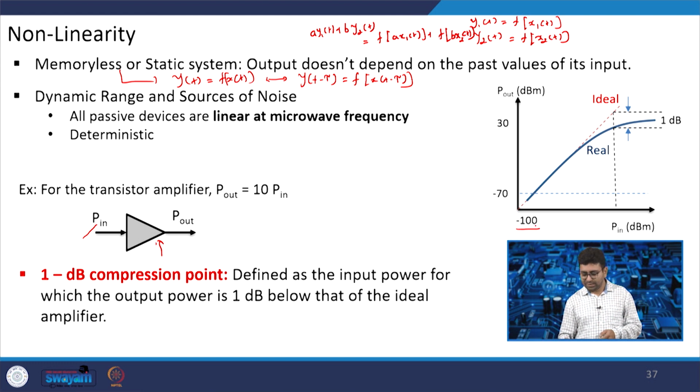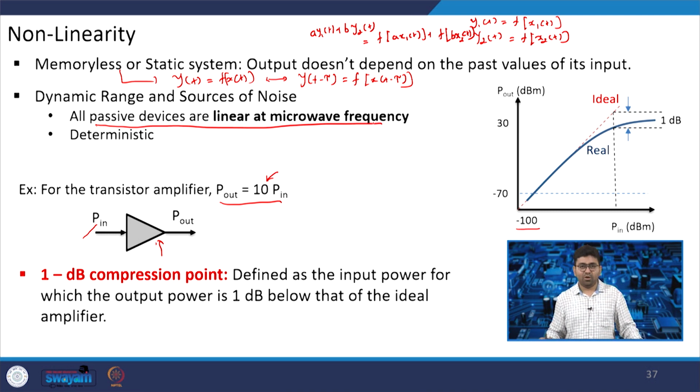If my output equals 10 P in, meaning the amplifier gain is 10, then it increases linearly with a gain of 10. As I increase the input power, the output should follow, but in reality that is not possible for an active component. Passive devices at microwave frequency are all linear.